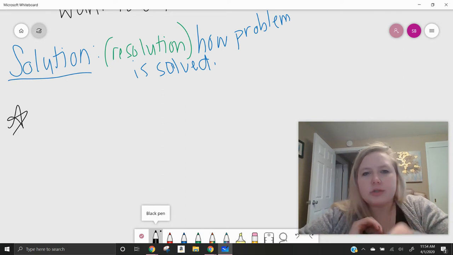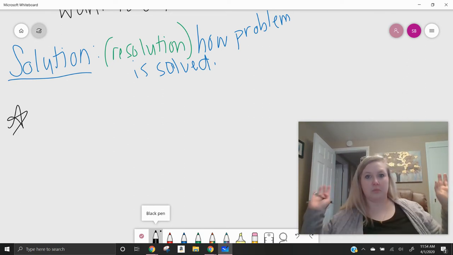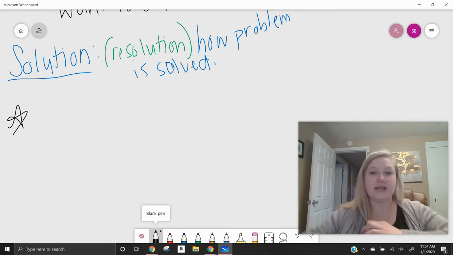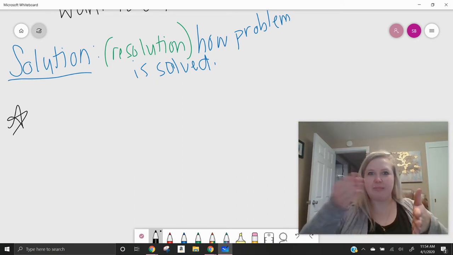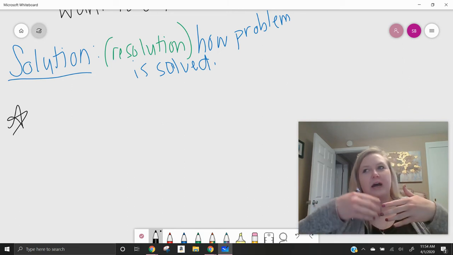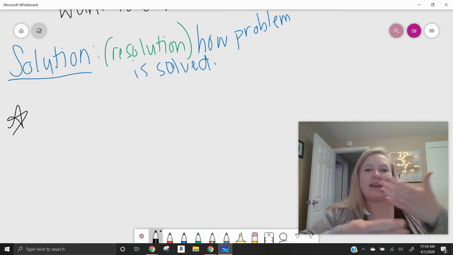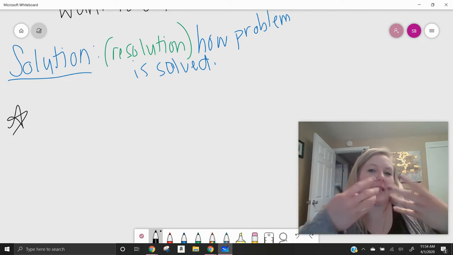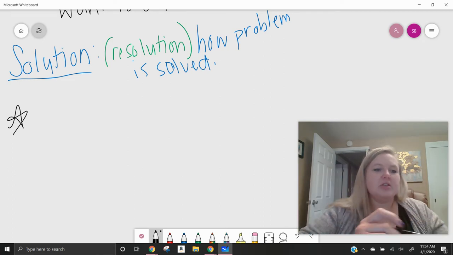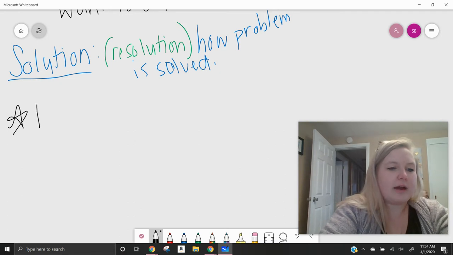Okay, so characters don't just have a problem and then go, solution, done, yay. No, there's actually things that happen in the story that evolve and change so that the characters are then able to find the solution. So you must be able to figure out events too.